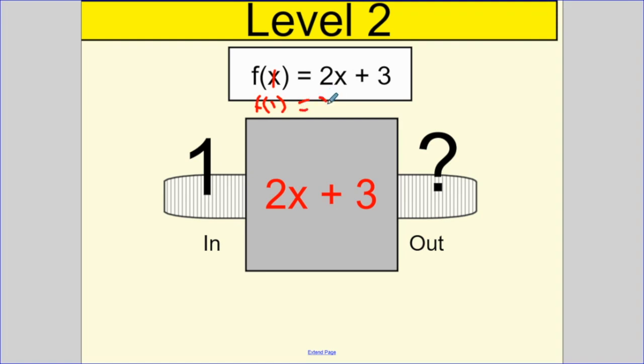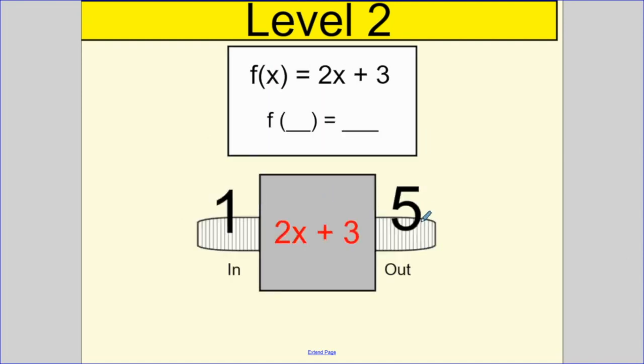So what happens when 2 times 1 plus 3? 2 times 1 is 2, plus 3. And you're right, we're going to get 5 as our output. So when our input is 1, our output for this function is 5.